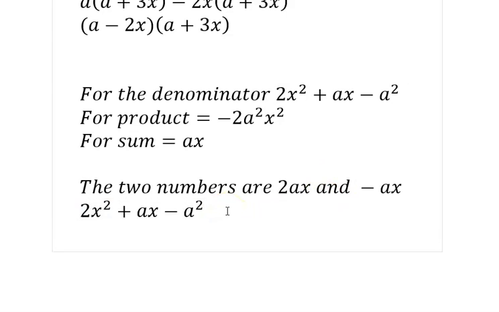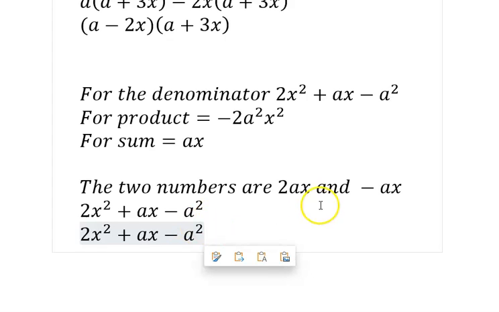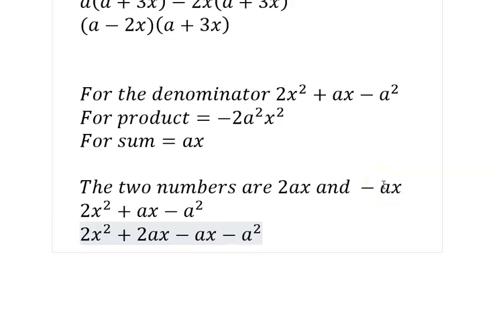Awesome. So instead of having ax at the middle, because we have 2ax and this 2ax is plus, we can leave this plus that is here, 2ax minus ax that we have. We are inputting the two numbers that we've gotten.